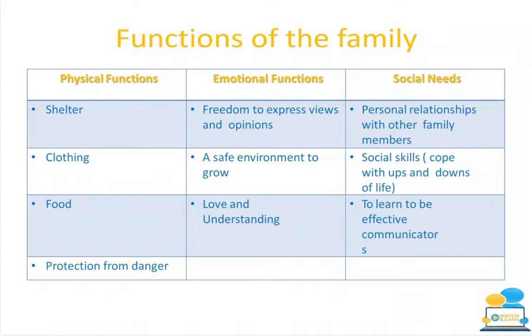For example, your please and your thank you, and what types of clothing you should wear in certain situations, and how to deal with certain situations. You will learn to be an effective communicator, like how to go up to a cafe and say, I would like a hot chocolate, or how to go and buy stuff in a shop. Really important social functions. So these are the three functions of the family.